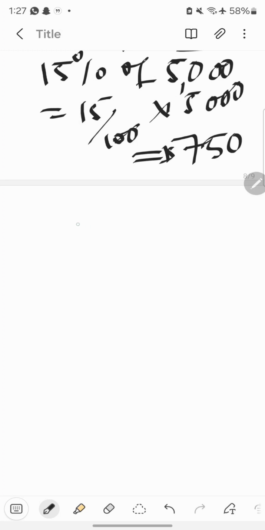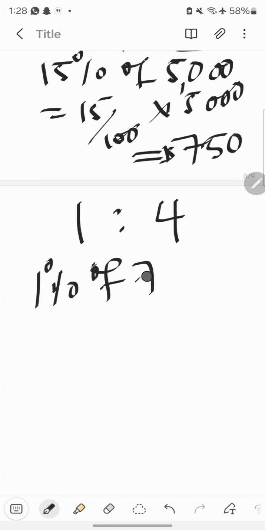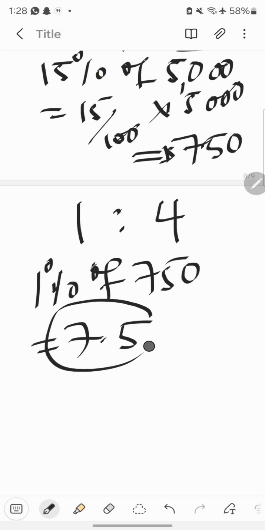So in our IMX trade that is currently at a 1:4 ratio, 1% of 750 is equal to what? That is 7.5. So we are going to lose $7.5. And what is 4% of 750?